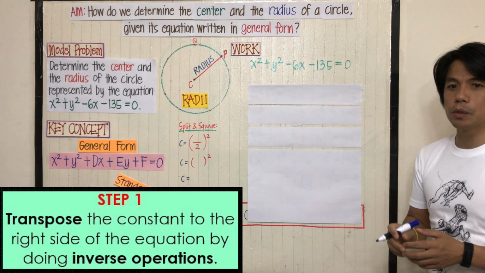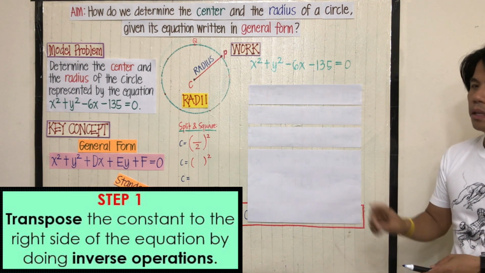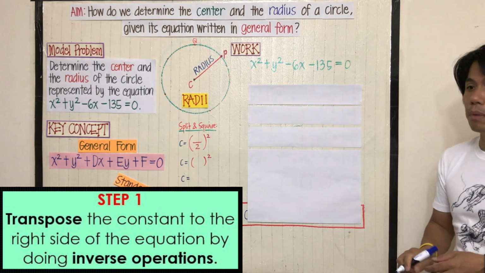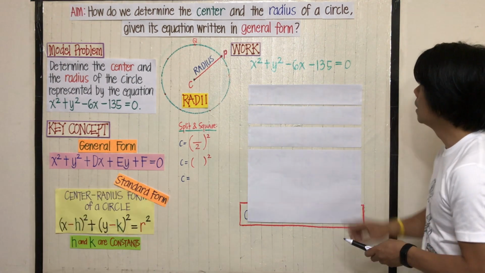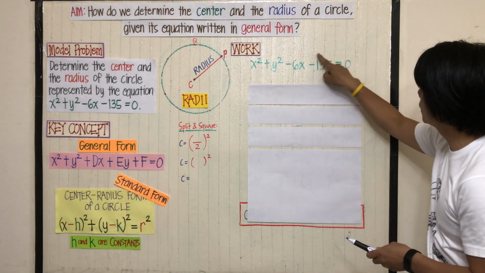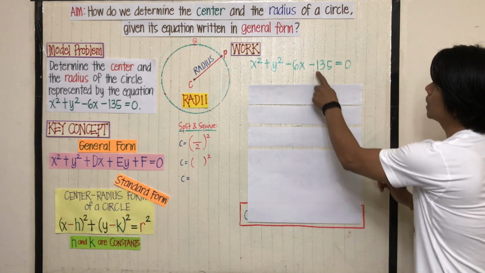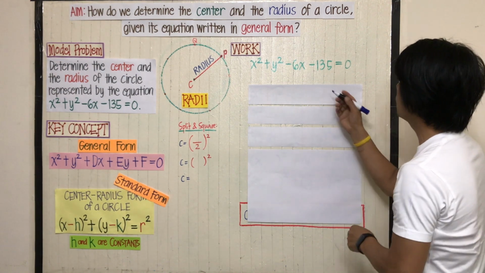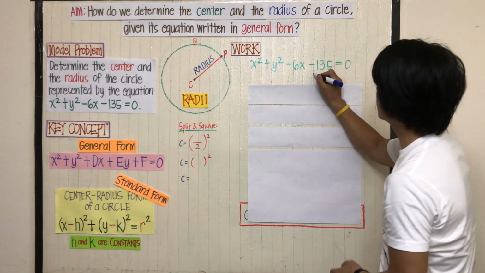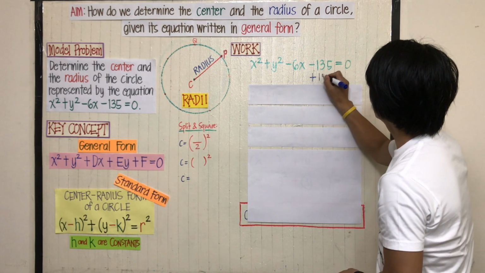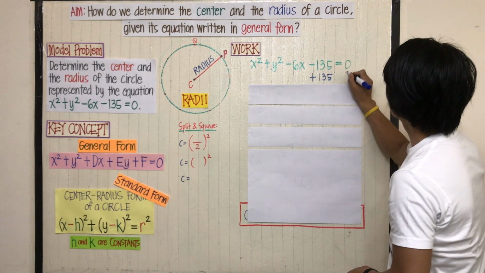The first step is to transpose the constant to the right side of the equation by doing inverse operation. So again, 135 is the constant, and it says minus 135. The inverse of minus or subtraction is plus. So I add 135 on both sides.